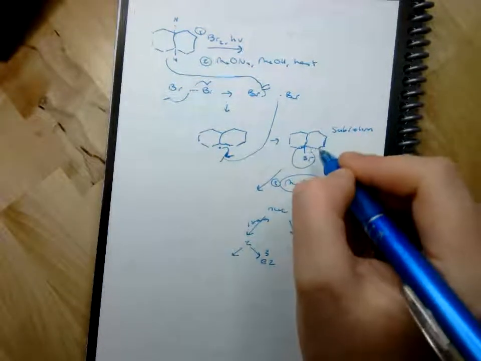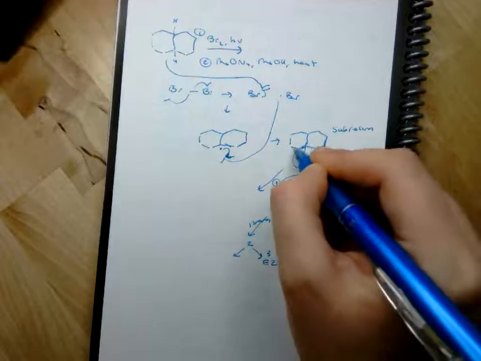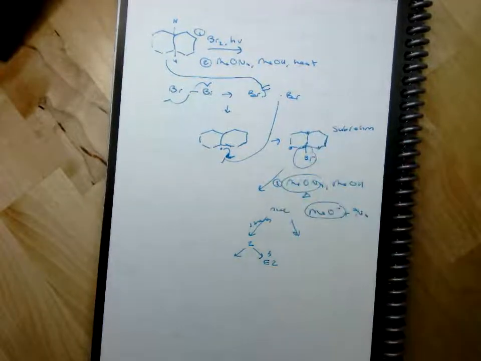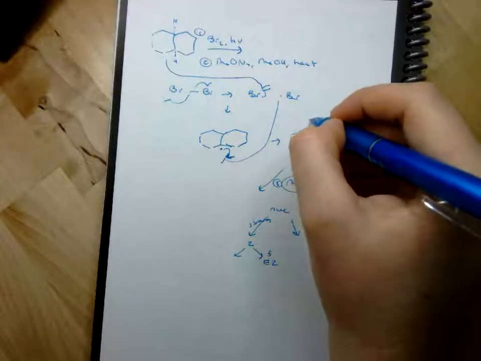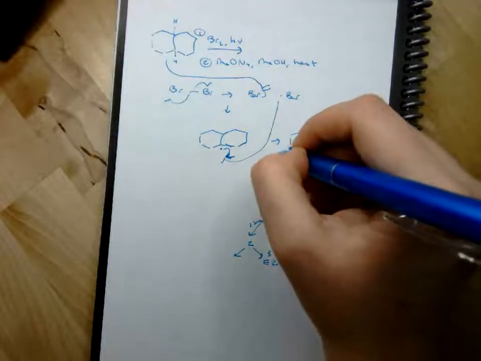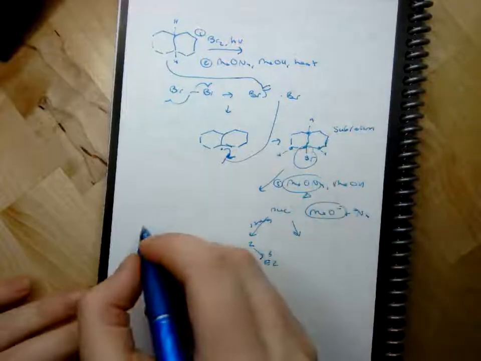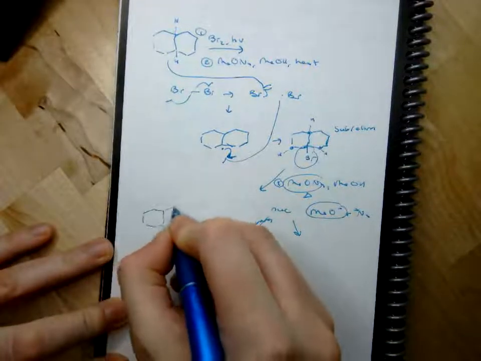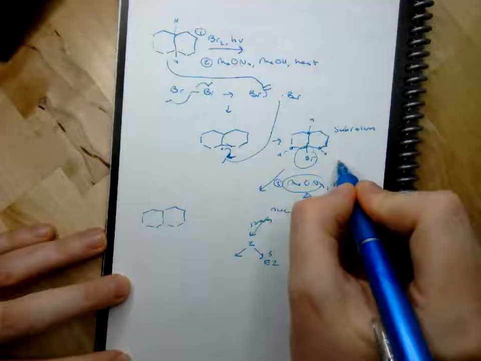The bromine is right here, so we've got to identify our beta carbons. There are 3 beta carbons: here, here, and here. These 2 are basically the same, so there's only 2. So I'm going to draw out the Hofmann and Zaitsev products.